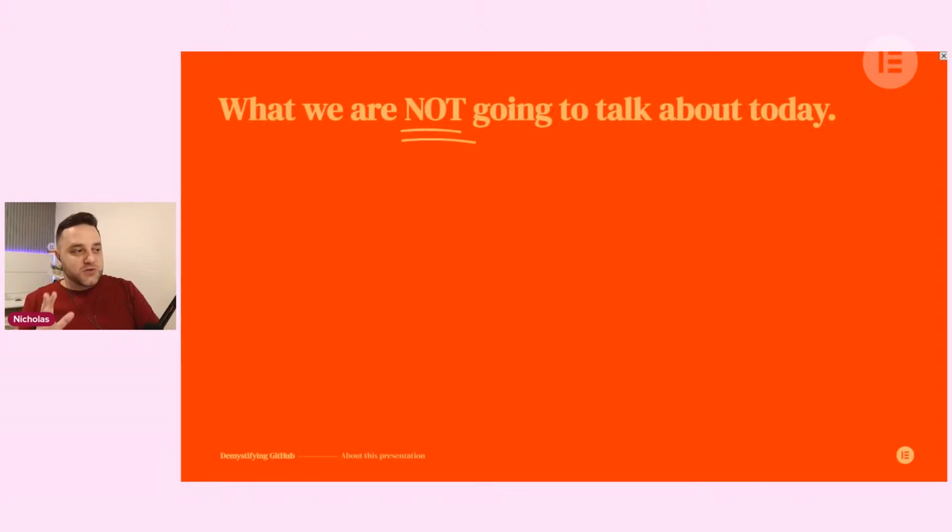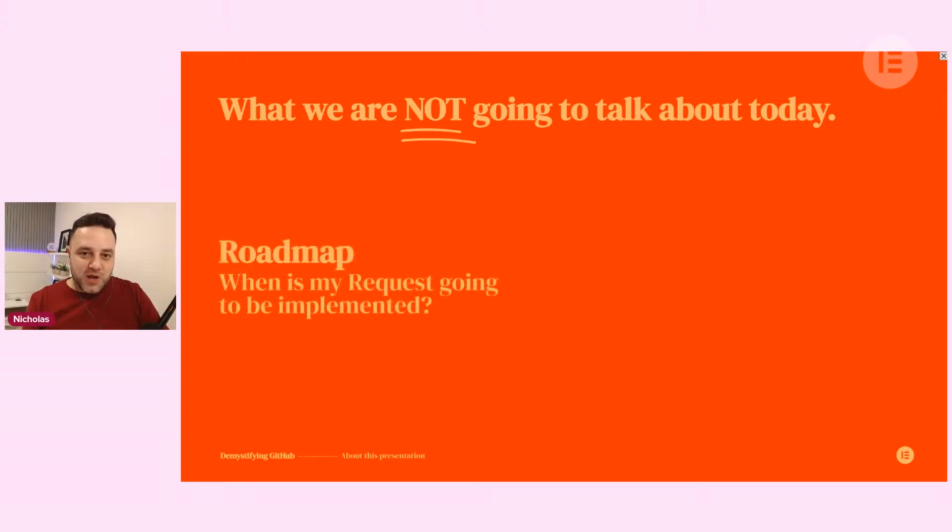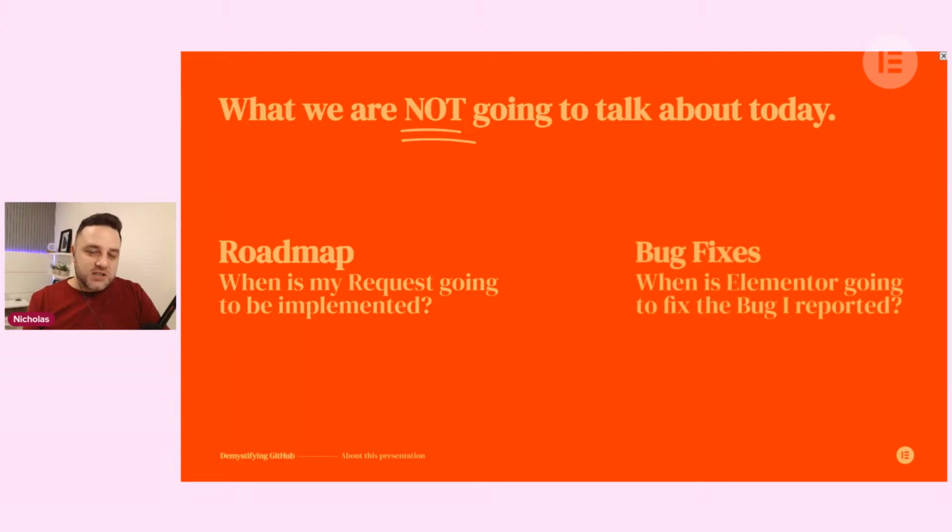Something I need to say: we are not going to talk today about our roadmap, so any feature requests or plans for the future. And we are not going to talk about bug fixes or when your bugs are going to be fixed. For those, I ask you to go to our roadmap page or to our GitHub announcements page.